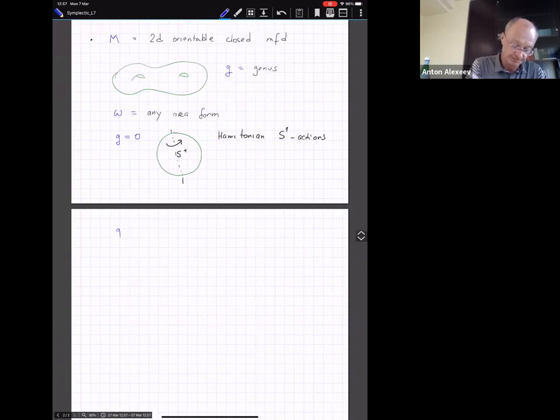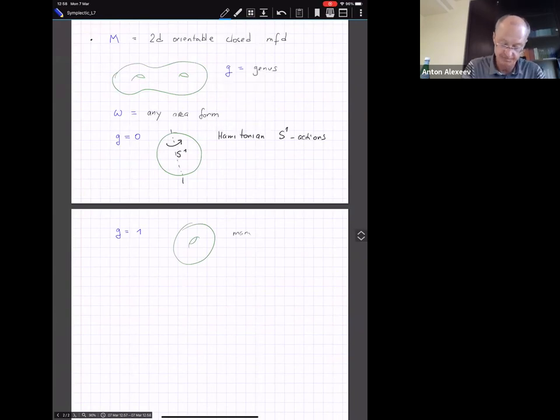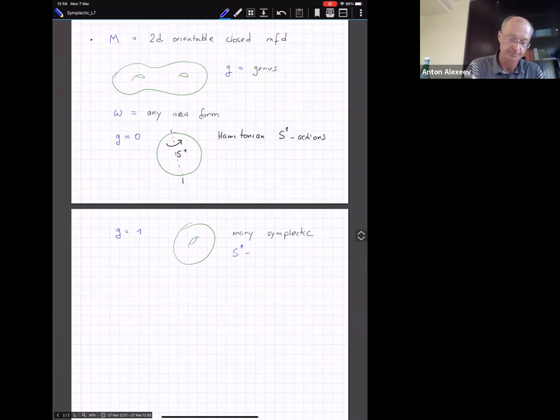Now, if the genus is equal to 1, these are tori. In this case, there are many symplectic S1 actions, and we saw examples before, and they are not Hamiltonian.